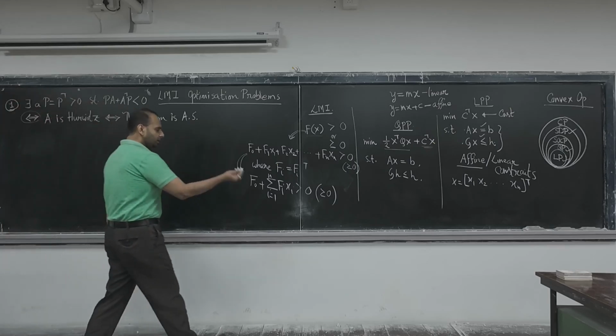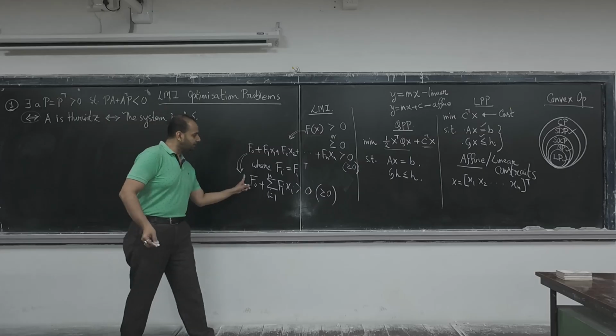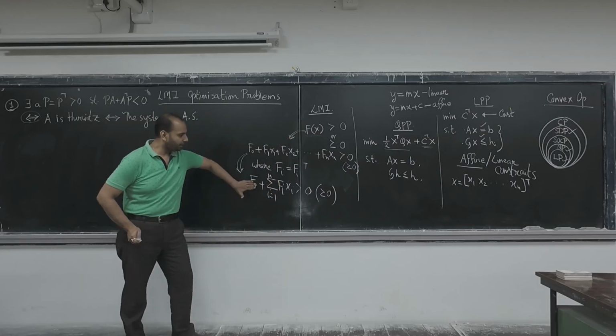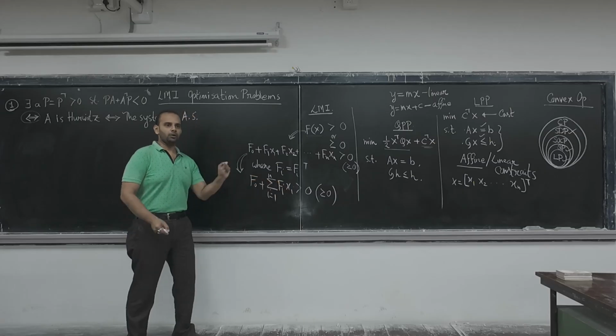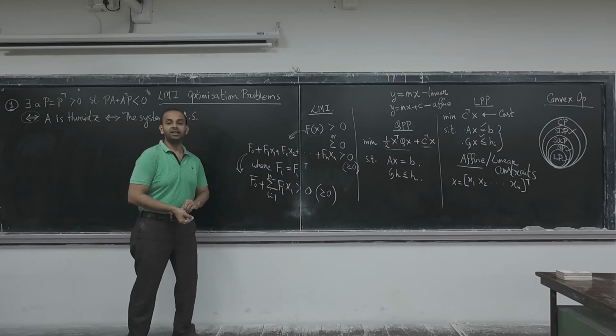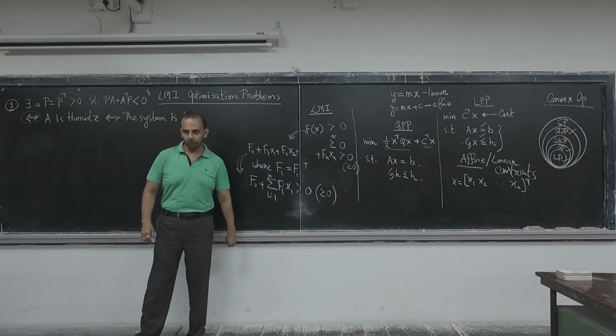Why a linear matrix inequality, or the same thing, an affine matrix inequality? Because it is represented in the affine form, as if this is the constant part and this is one constant matrix times a variable. That's why it is known as a linear matrix inequality or an affine matrix inequality.